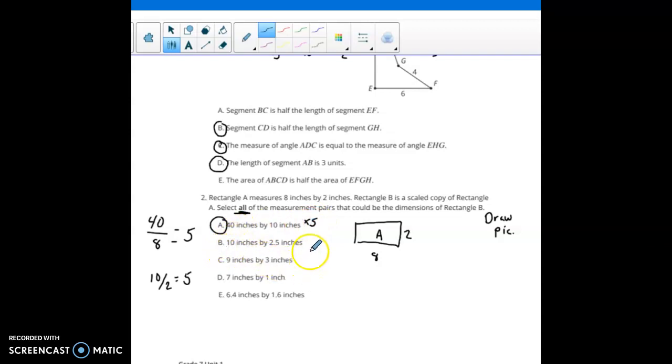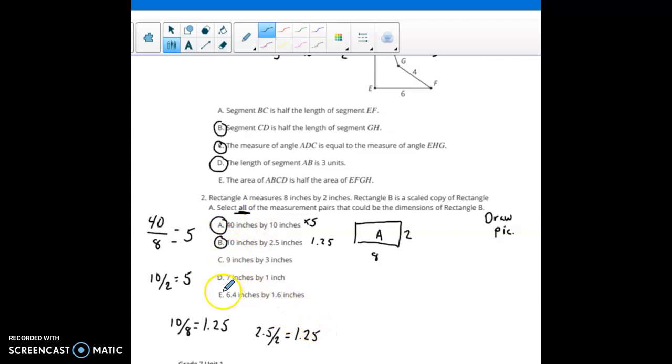The next one that is true is B. 10 inches by 2.5 inches. Again, I'm going to do the same thing. 10 divided by 8 is 1.25 or 1 1/4. Then I'm going to do 2.5 divided by 2, which is also 1.25. So for B, we get the same thing, 1.25. B is also a true answer.